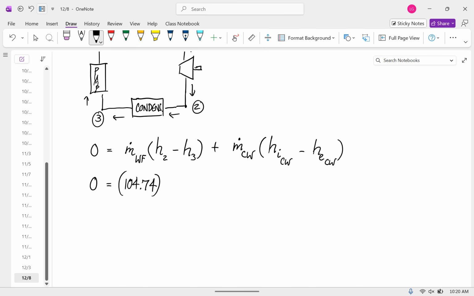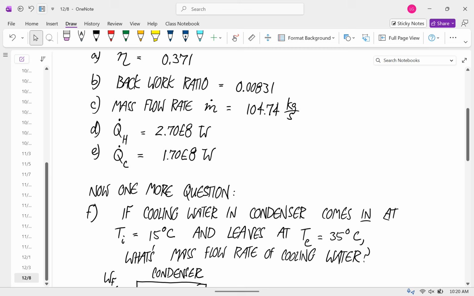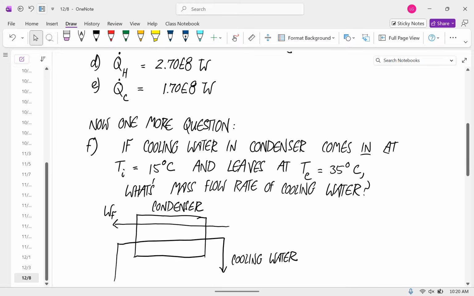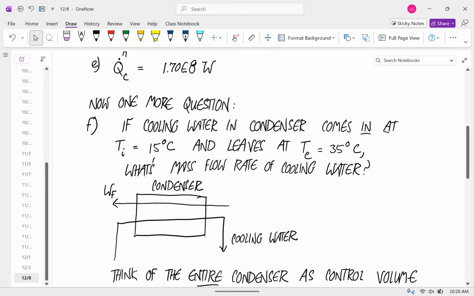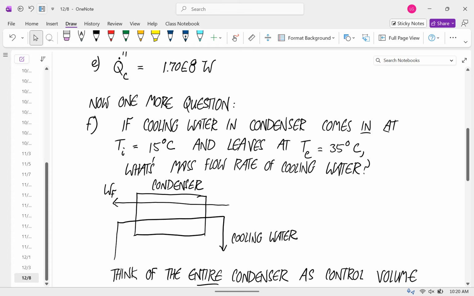And our specific enthalpies from before, I guess I didn't write those down. Oh, well, those are the ones from the condenser. So let me just make sure I get the signs right here.